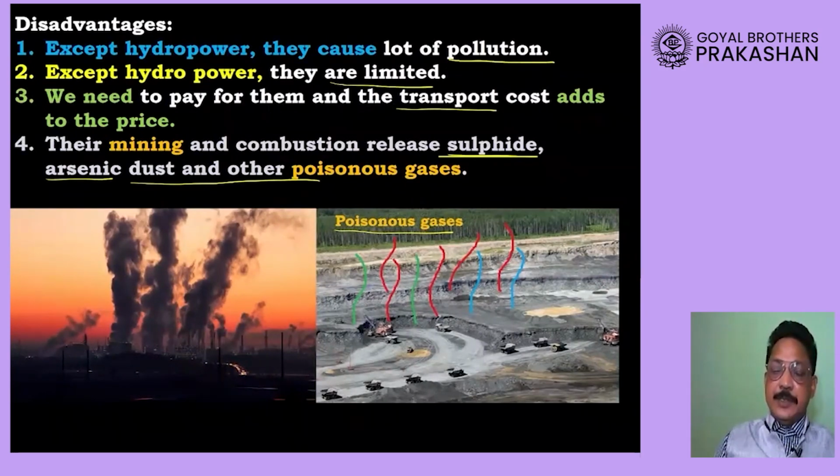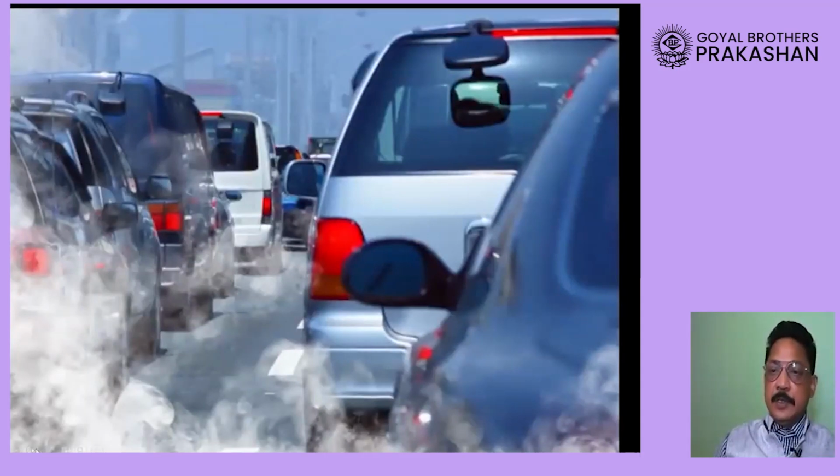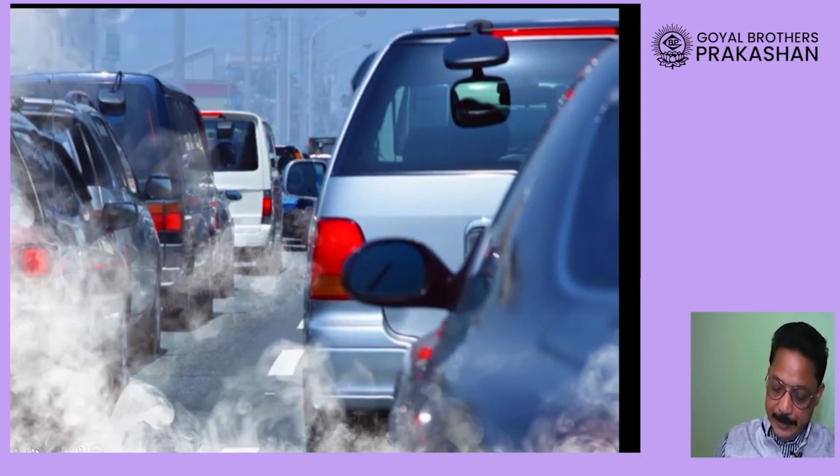So these gases are quite poisonous, and in this way they cause lot of damage to our lives. So these are some of the disadvantages of these energy resources. You must have seen this picture, very common picture, very dangerous, okay. So pollution is one of the biggest problem associated with the use of conventional energy resources except hydroelectricity.